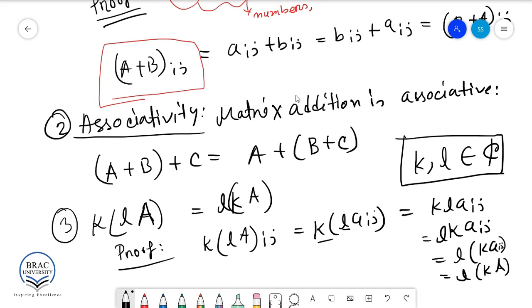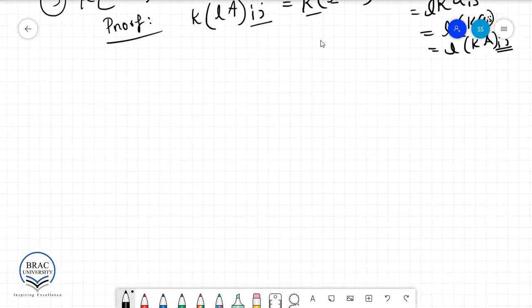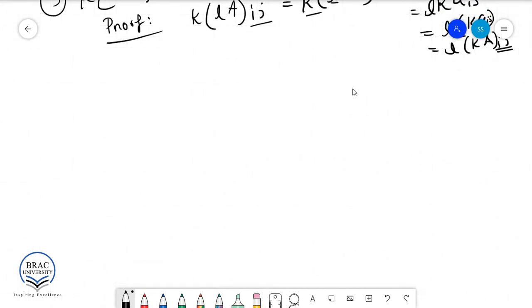That is from the component notation, and then you can just get rid of these components. So this is a very easy proof again. And the final property that we will be looking at is the following.